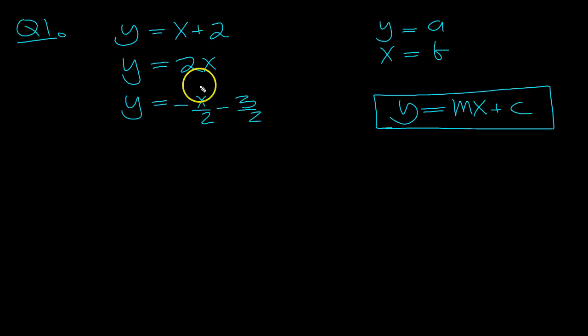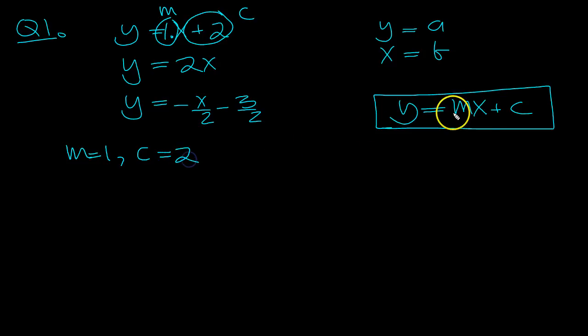So here we can read off the correspondences, can't we, if we match them up. When we say x, we mean one lot of x, so circle that, that's m, circle that, that's c. So in the first one, m equals 1, slope 1, intercept 2. C is the intercept, so if you wanted to sketch it, it would be slope 1, which means for every one you go along, you go up 1, so you'd probably want to draw it a bit like that.